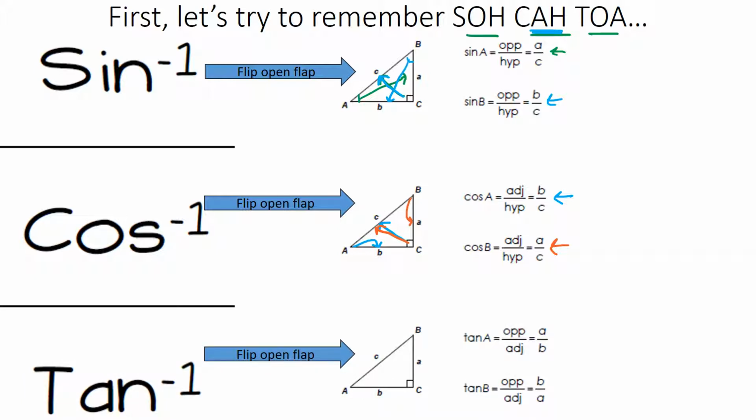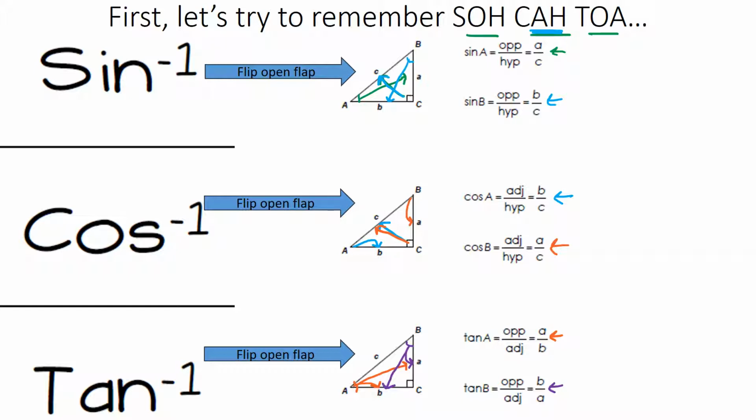With tangent of A, tangent is opposite, which is A, over adjacent, which is side length B. Tangent of B would be opposite, which is side length B, over adjacent, which is side length A. If you notice, the tangents of your angles are just flipped: tan A is A over B, and tan B is B over A.